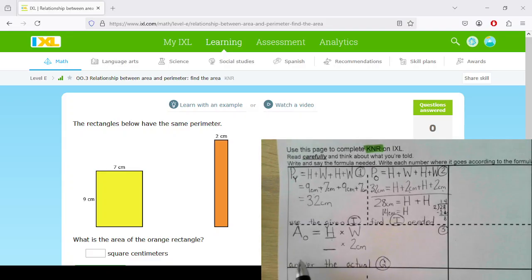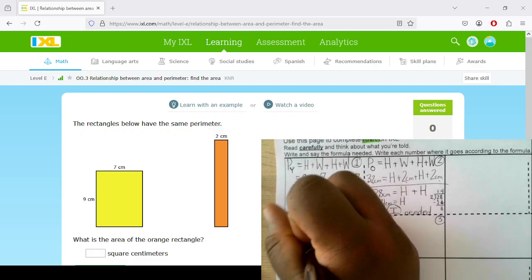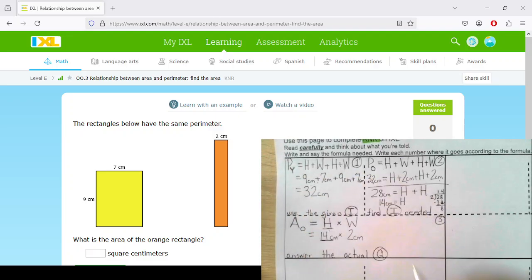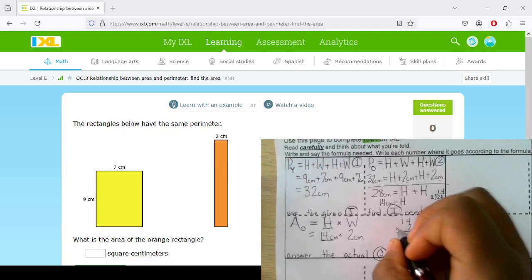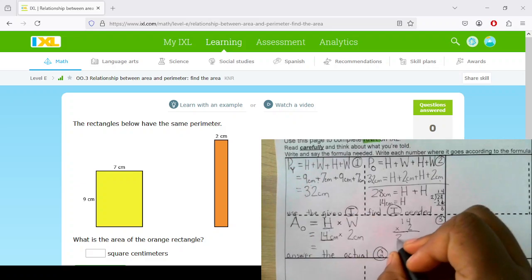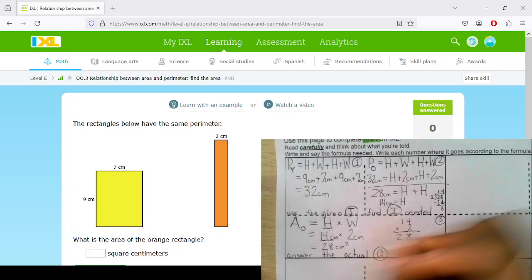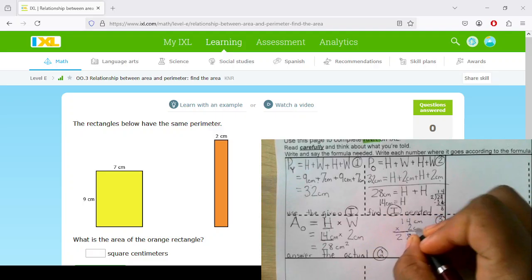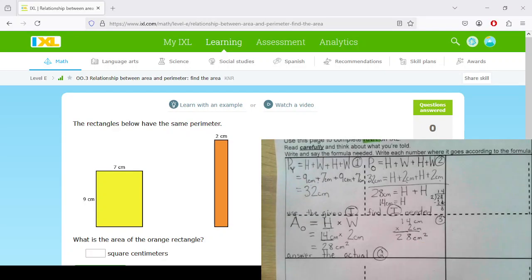So now, in order to answer the actual question, to find the area of this orange rectangle, that height is, keep my equal signs lined up, 14 centimeters. 14 times 2 is 28 square centimeters. 14 centimeters times 2 centimeters is equal to 28 square centimeters.